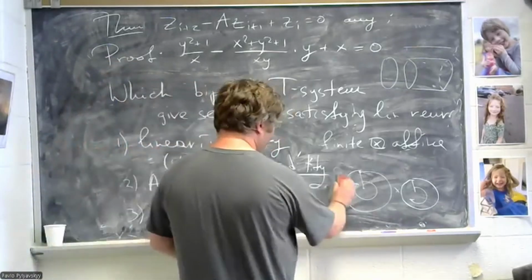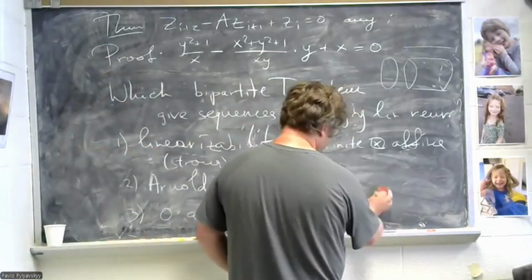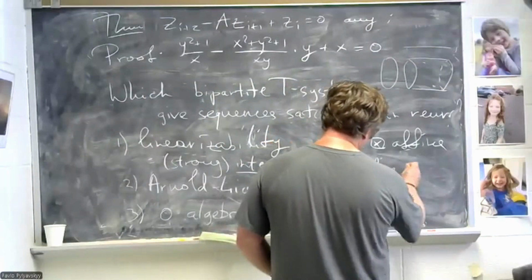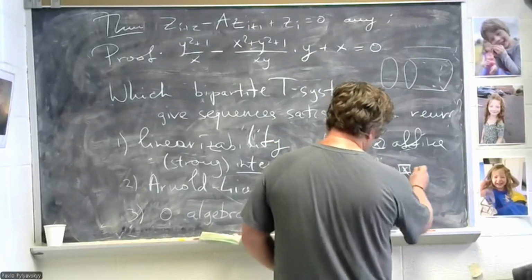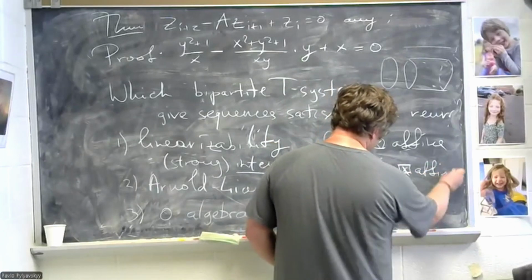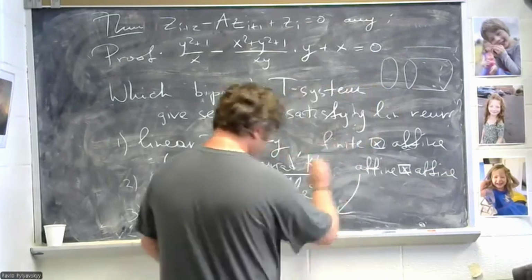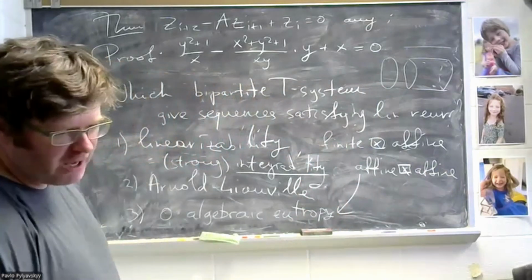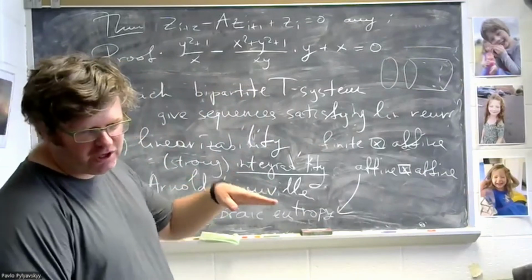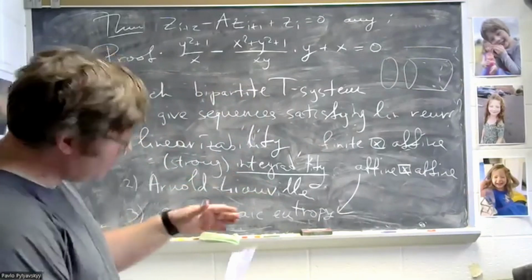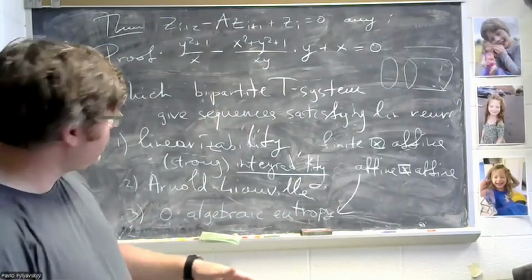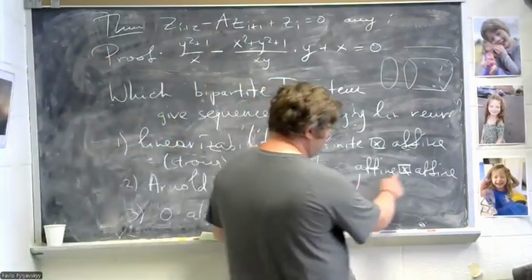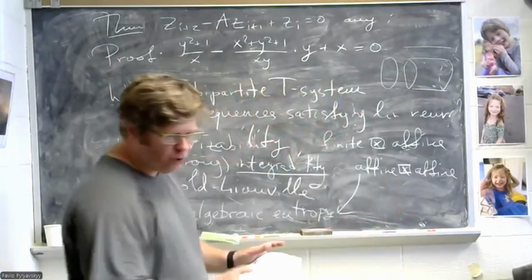And the answer to this question is that those are affine times affine quivers. So somehow there are three stages of being integrable in this world. If you take bipartite T-systems, if you are finite times finite quiver, you are just periodic.